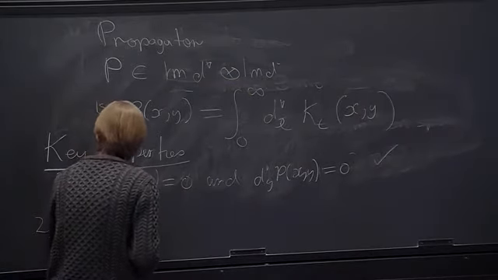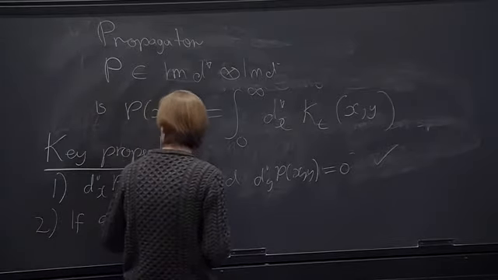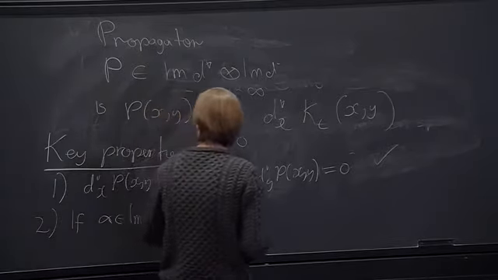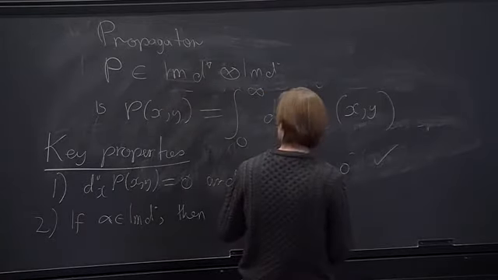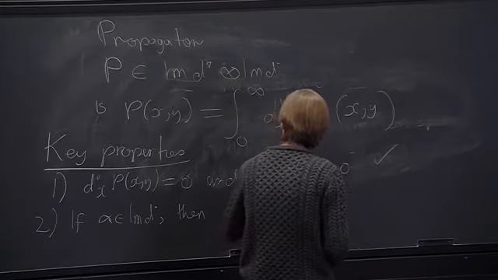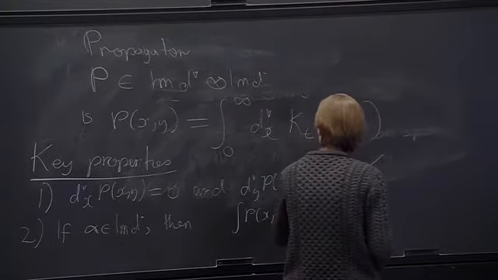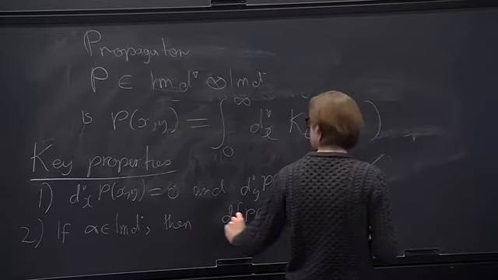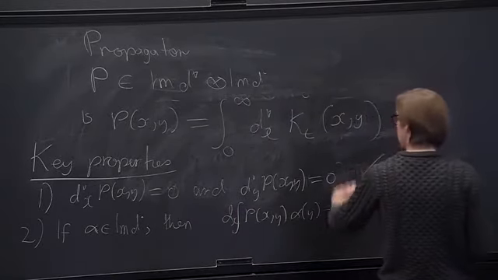if it takes some alpha, which is in, say, the image of d star, then you want the integral to give you back alpha.